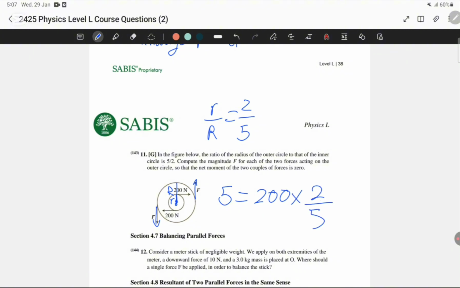If you put it in the calculator, 200 times 2 over 5, you get 80 newtons. That's the answer. It's really simple. You're going to get 80 newtons.